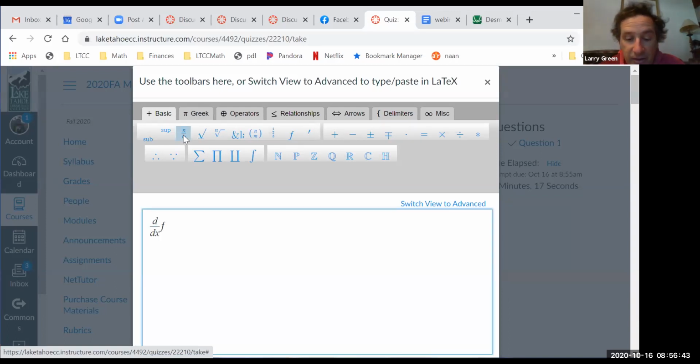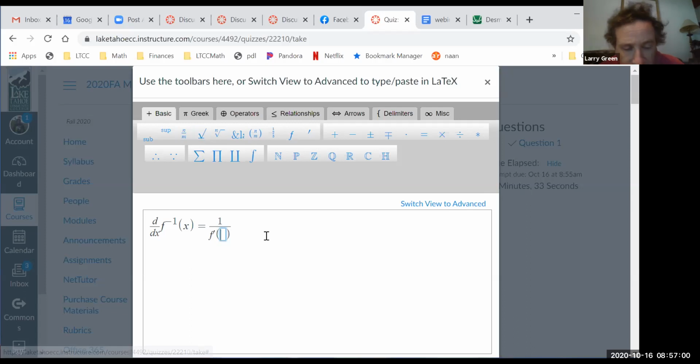of f inverse of x is equal to 1 over f prime of f inverse of x.